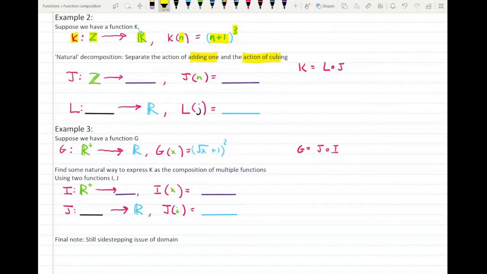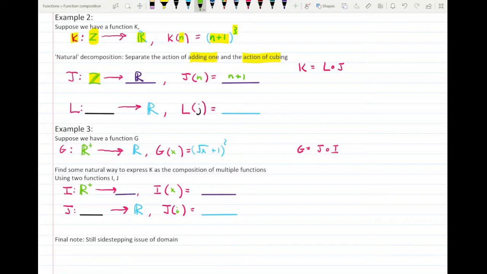So we'll have k separating into two piece functions, L and J. The first one should be the action of adding 1, right? So J is going to take in the input from the same input set as k. It's going to output a number, and its mapping will be that addition of 1 that we described.